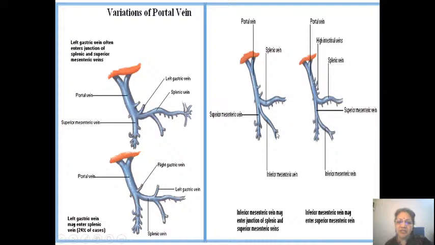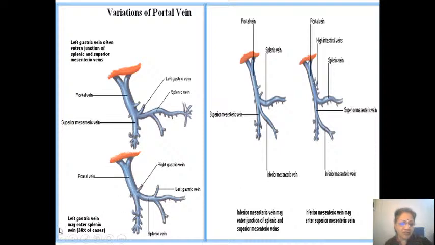Then the inferior mesenteric vein, which is supposed to be a tributary to the splenic, can instead become a tributary to the superior mesenteric. It does not matter as long as the blood finally comes back to the liver. But this variation may need to be known if you are looking for where the block might be, which might be leading to the portal hypertension, which is why we need to know these few variations, even with very small percentages.